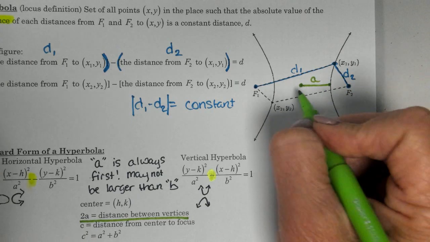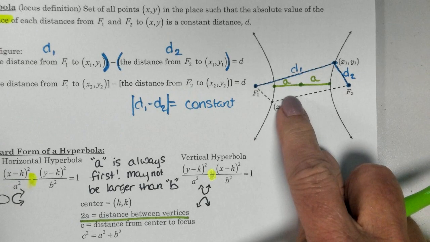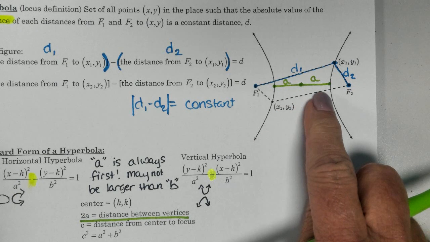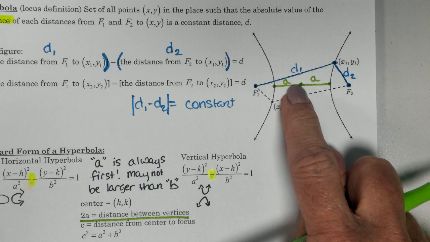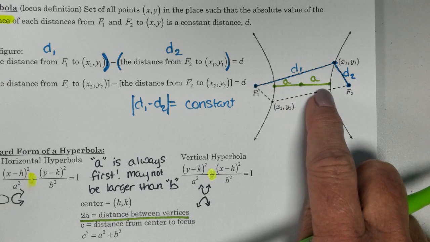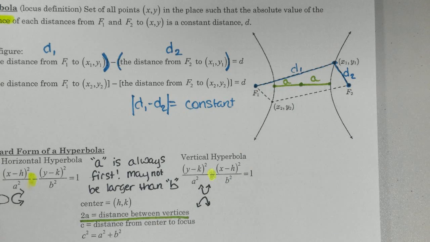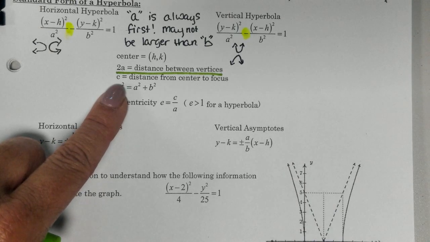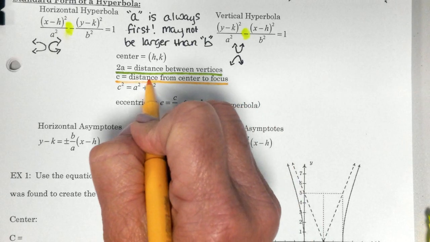That's A, and that's A. So that's where we get the 2A from, all the way across from one vertex to the other. Once you know where your center is, you get that from your formula. The A value, you count both directions to get to each vertex. And then C is the distance from the center to each of your foci.